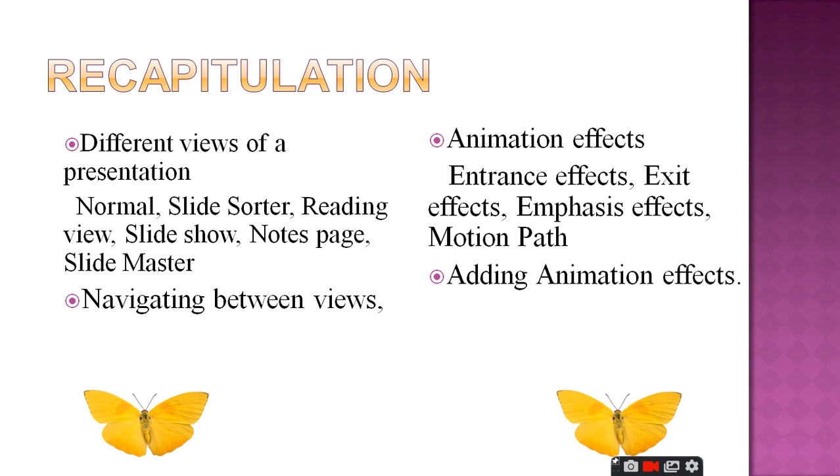As you recall, the exit effect makes an object fly off of the slide, disappear from view or spiral off of the slide. Emphasis effects make an object shrink or grow, change color, or spin on its center. In the same way, a motion path specifies the path an object or text will follow as part of an animation sequence for a slide.